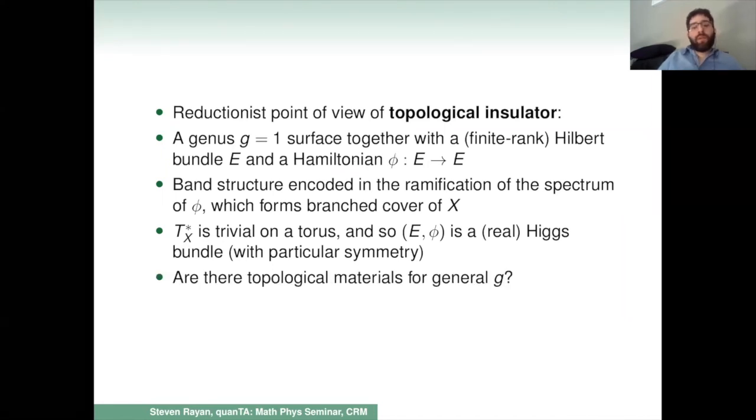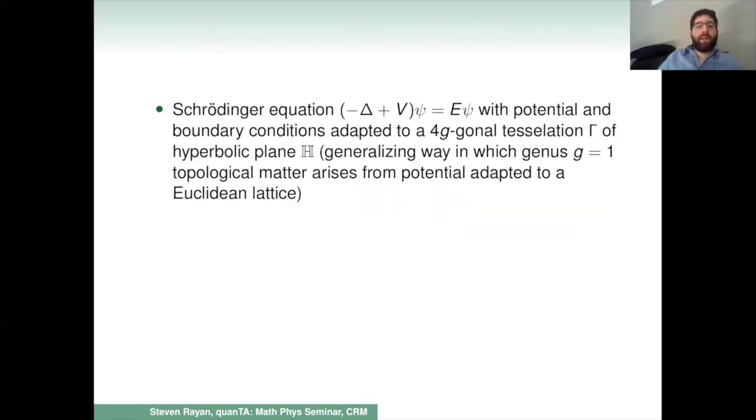It also gives us the question of, well, are there topological materials for other genera? And the key here is to look at a Schrödinger equation. What would you do in the genus 1 or the Euclidean case? You would look at a Schrödinger equation with a potential and boundary conditions adapted just to a normal, let's say, Euclidean lattice, let's say in dimension 2 on R^2.